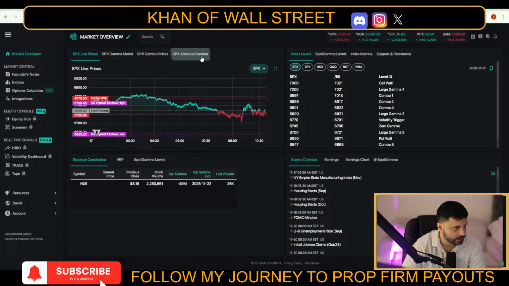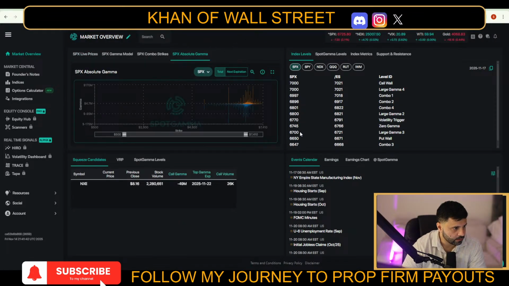If you want to see the actual gamma exposure model, it looks like this. This is SPX 7000. You can see massive gamma exposure here, puts and calls.